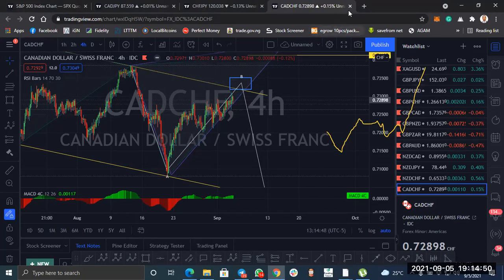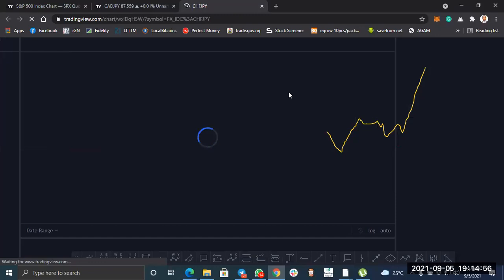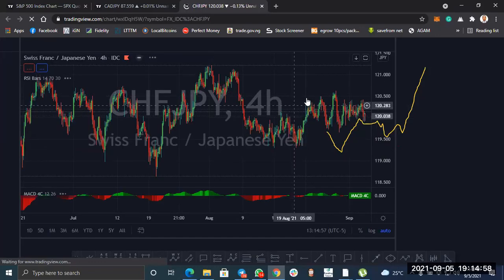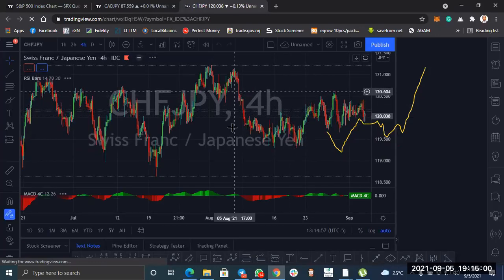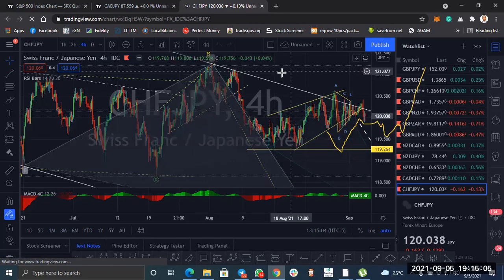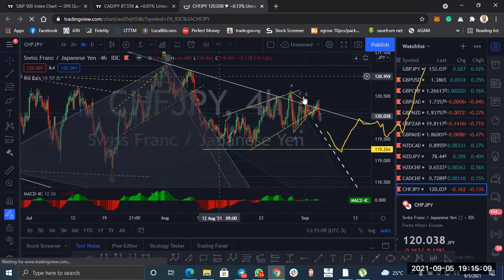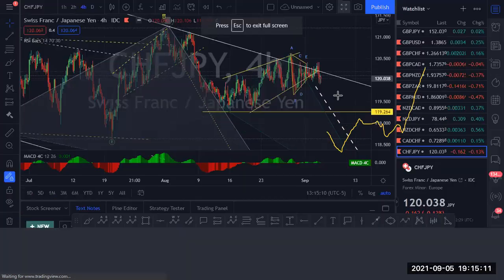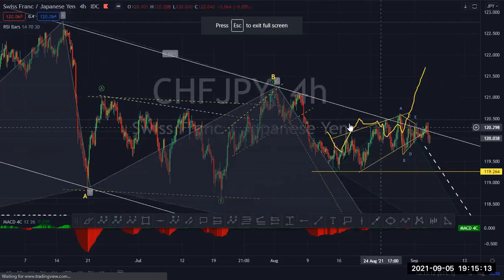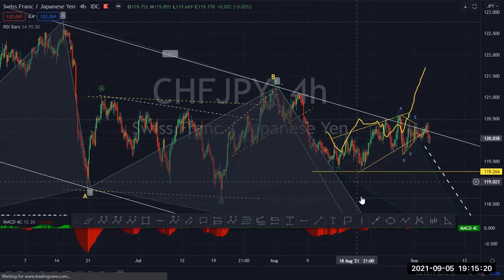The next is CHF JPY. In CHF JPY, we have an incomplete pattern and an incomplete sequence.